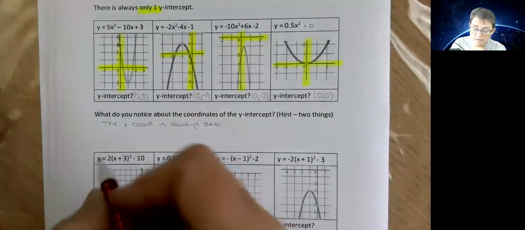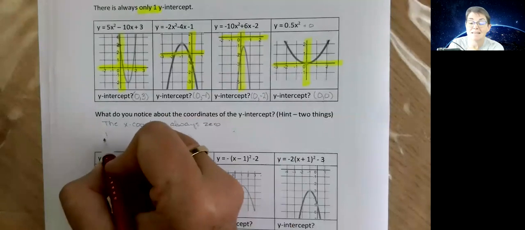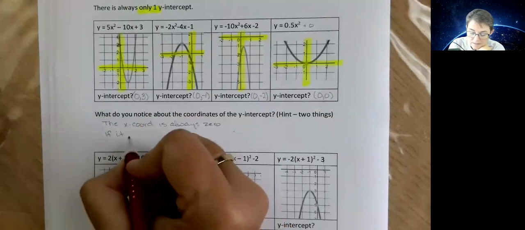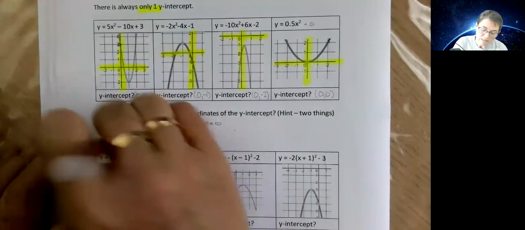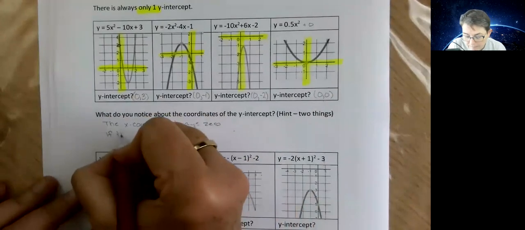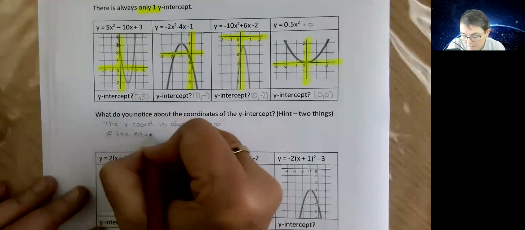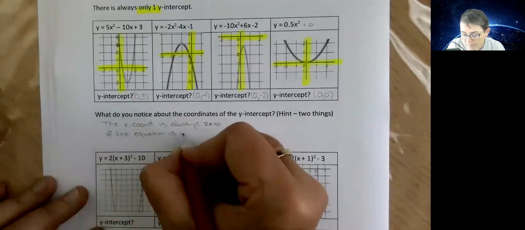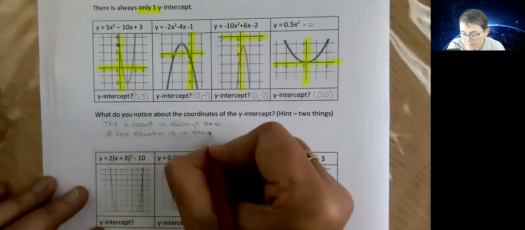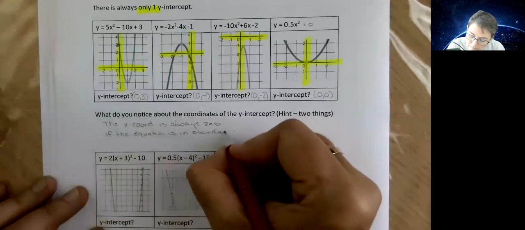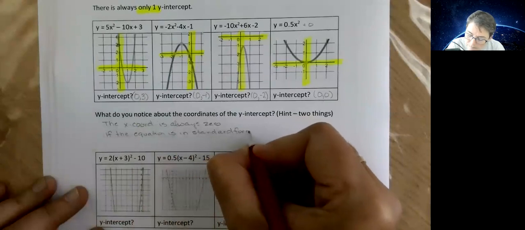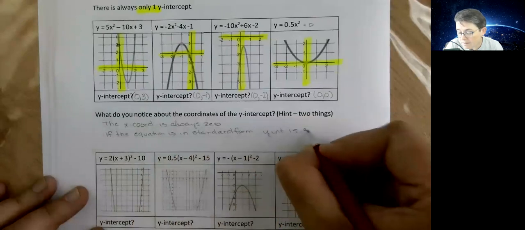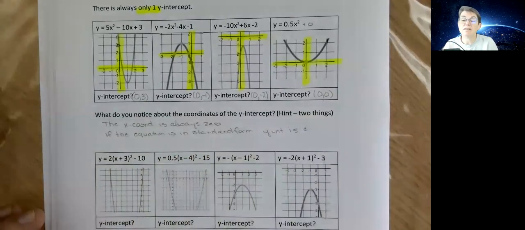And for these specific ones, and this is going to be sad because it only works on these ones, if the equation is in standard form, the y-intercept is c. Done. Easy to read right off the equation.